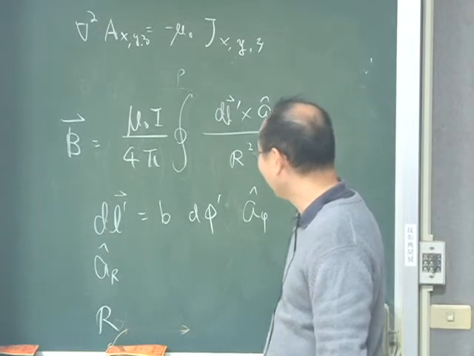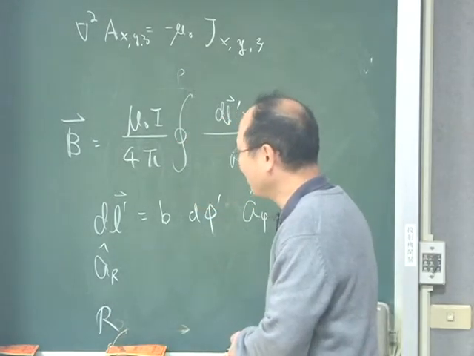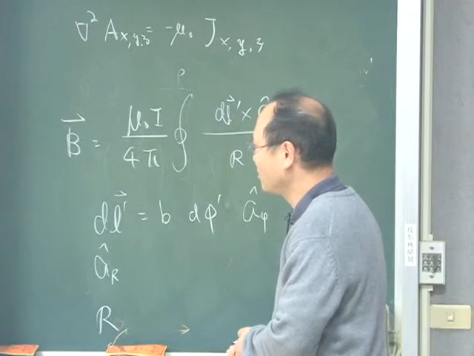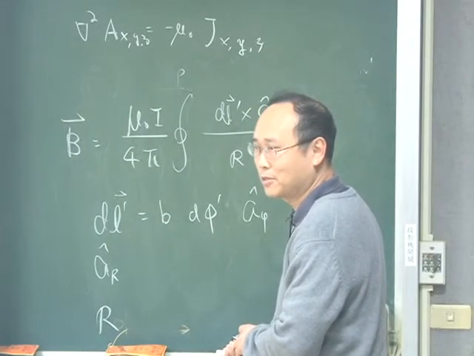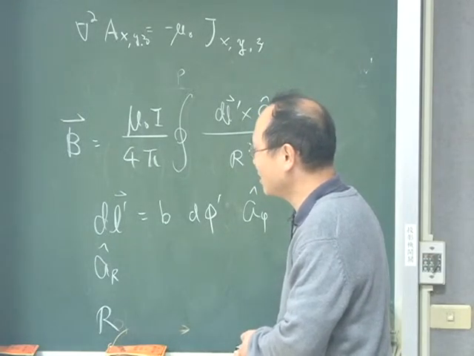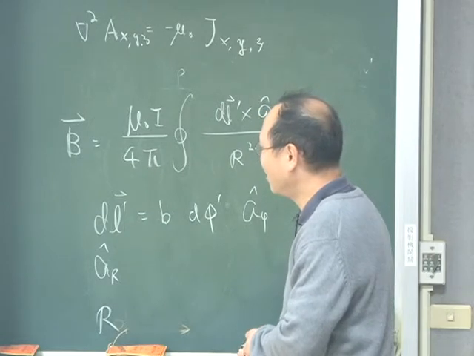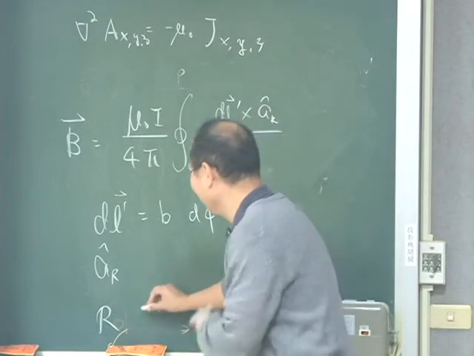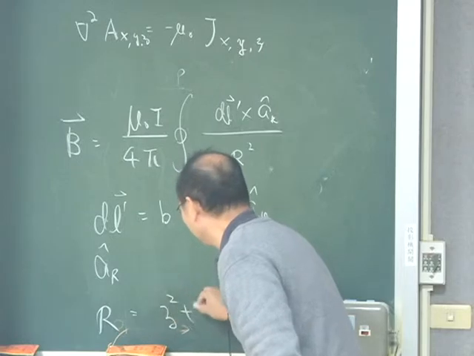And this R is the distance from your source to the location of your interest. So for this triangle, R is equal to the square root of z square plus b square.